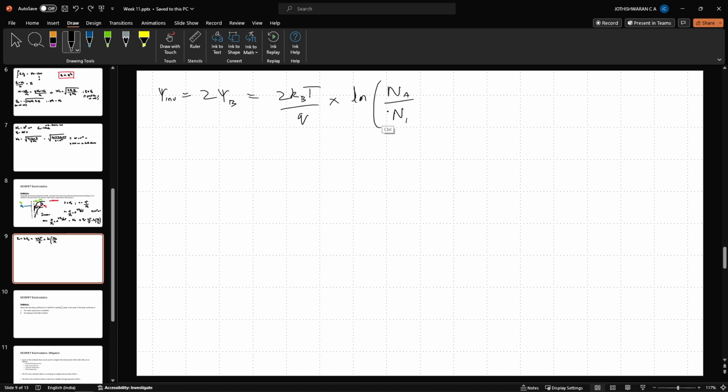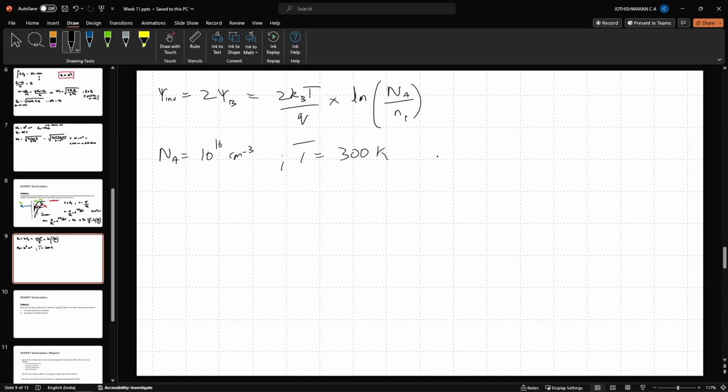Here ni we are taking as 10 to the power 10. Let us assume Na is equal to 10 to the power 16 per cubic centimeter, and let me say T is equal to 300 Kelvin.